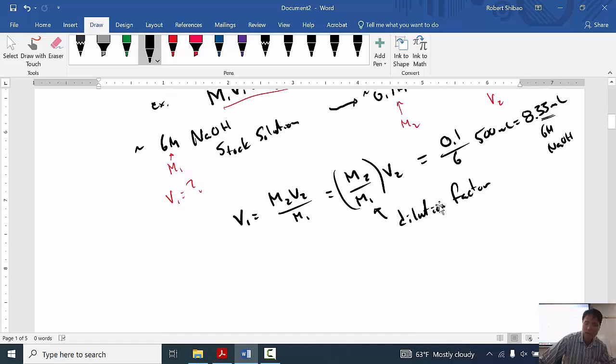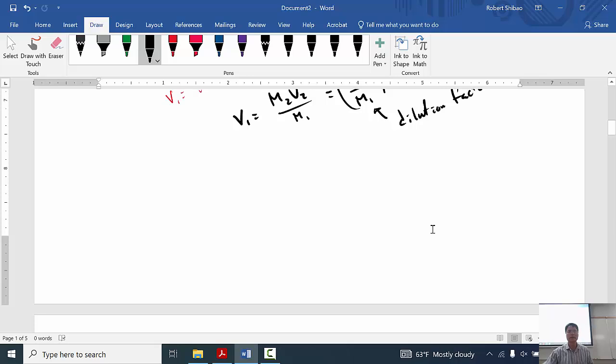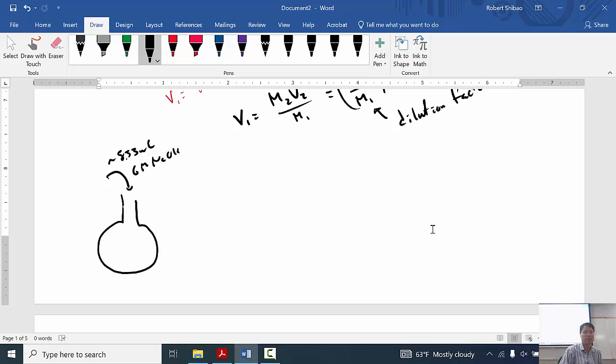And so the way the solution dilution equation works is like this. And we're not making a very precise solution here. So we're going to pour in about 8.33 milliliters of 6 molar sodium hydroxide into a Florence flask. And then we're going to fill with water.